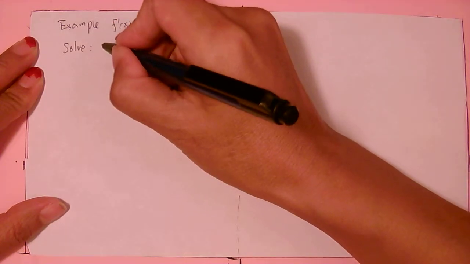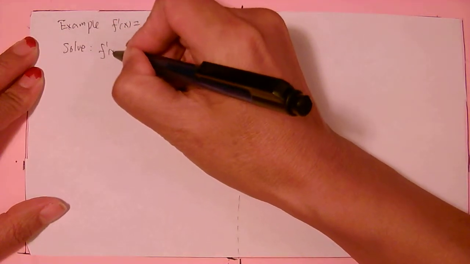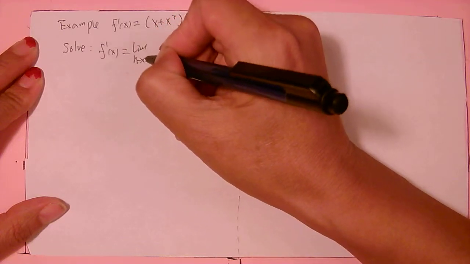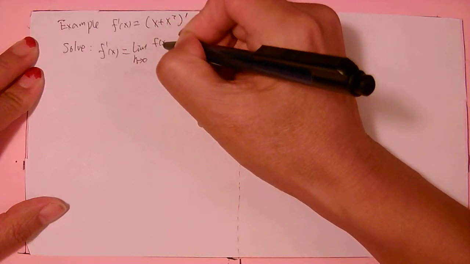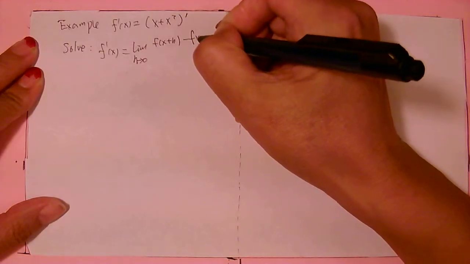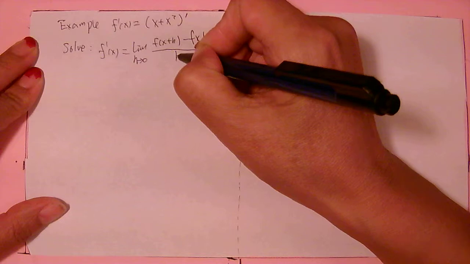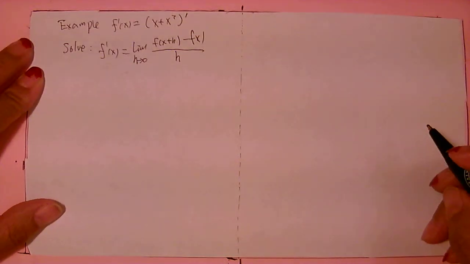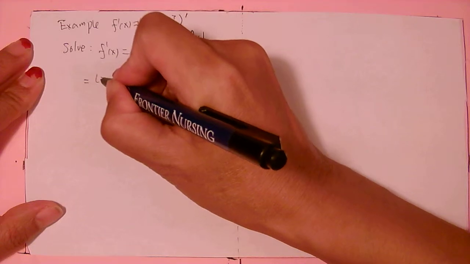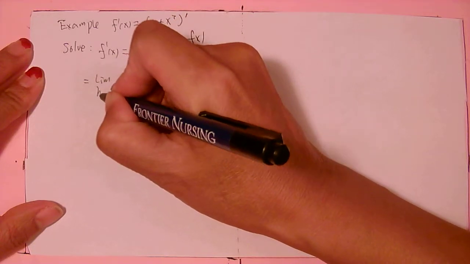According to the definition, f'(x) equals the limit as h goes to 0 of (f(x+h) - f(x)) over h. So now we're going to put f(x) in and write this out.